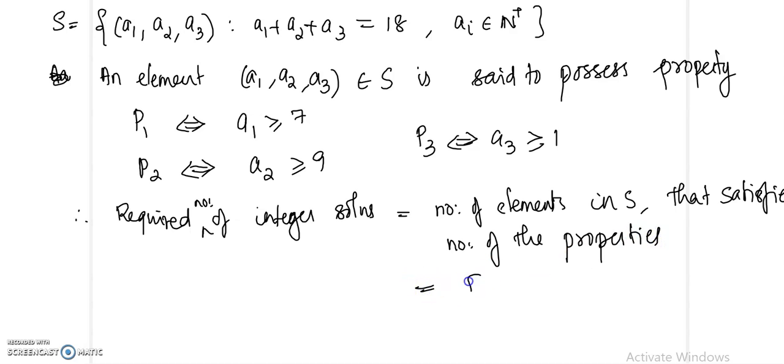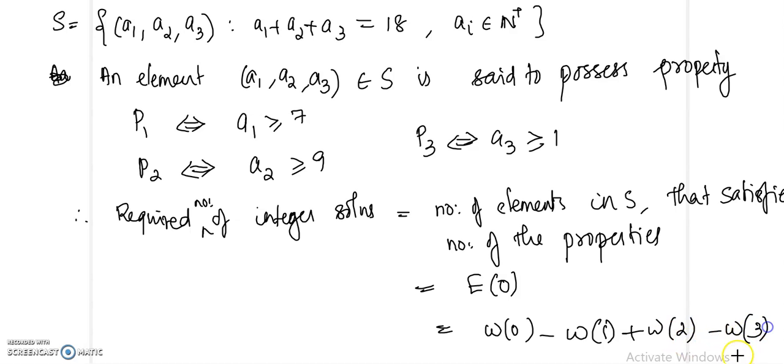So that will be equal to E of 0. E of 0 will be omega of 0 minus omega of 1 plus omega of 2. With three properties we will have up to omega of 3. So now let us find the values of omega of 0, omega of 1 and omega of 2.